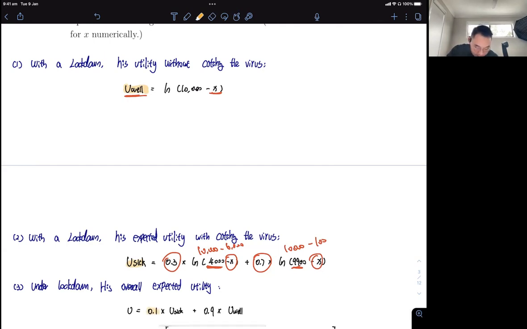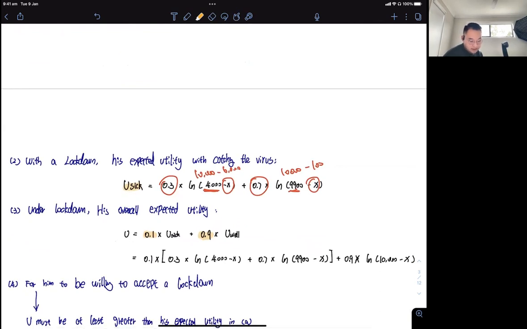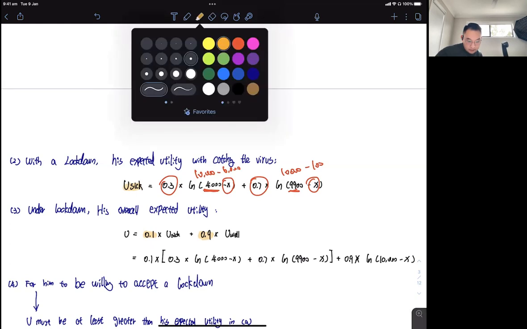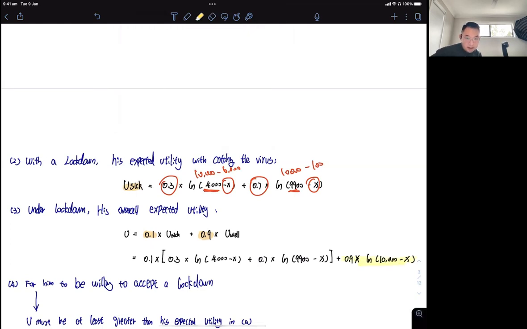Remember, here it's not 30% and 70% anymore, because with a lockdown, the probability of contracting the virus has reduced to 10% instead of 30%. So we use U equals 0.1 times U_SICK plus 0.9 times U_WELL. So it's simply 0.1 times [0.3 times log 4,000 minus X plus 0.7 times log 9,900 minus X] plus 90% chance, 0.9 times log 10,000 minus X. This is the case when he's not getting the virus, which is U_WELL.